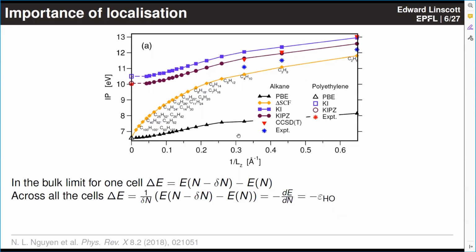Following what Andrea said, if I'm taking silicon and I use the exact DFT, and then I start to build a supercell, the supercell is exactly the same.